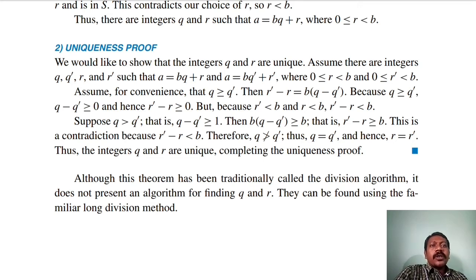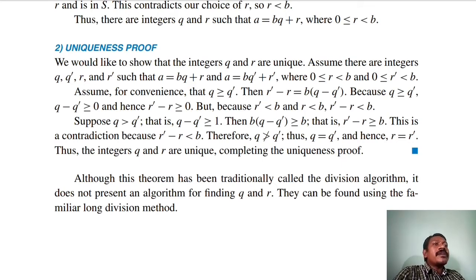Suppose q is greater than q dash; we have to prove q equals q dash, but here we are supposing q greater than q dash, that is q minus q dash greater than or equal to 1. Then if we multiply both sides by b, a positive integer, we get b times q minus q dash greater than or equal to b. That means from the equation for r dash minus r, we get r dash minus r greater than or equal to b.